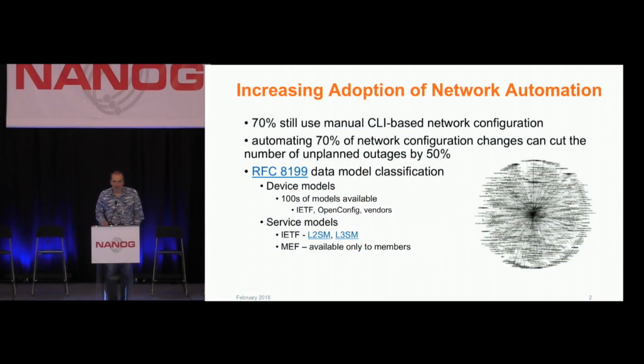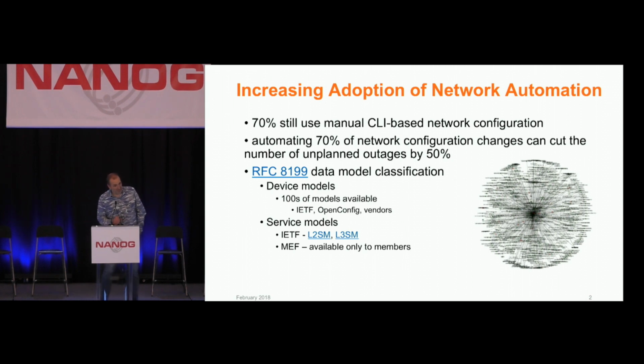You saw a few presentations that talked a lot about the benefits of that, and it is what it is, but still, according to some information that market research organizations are providing, 70% still use manual CLI-based network configuration.